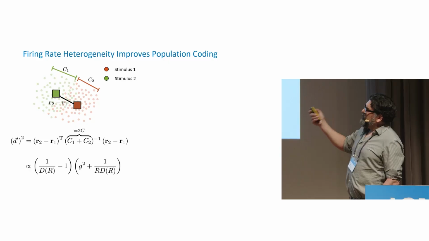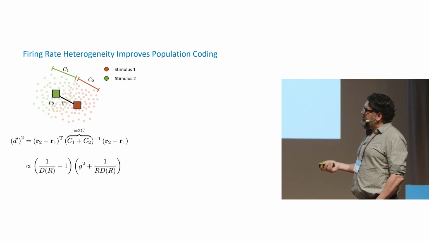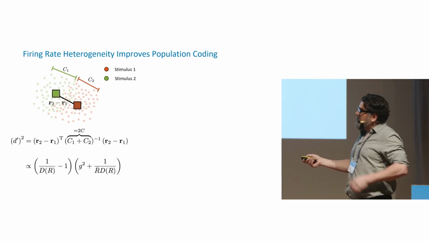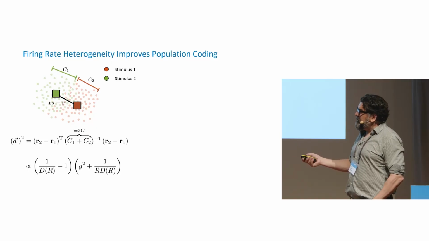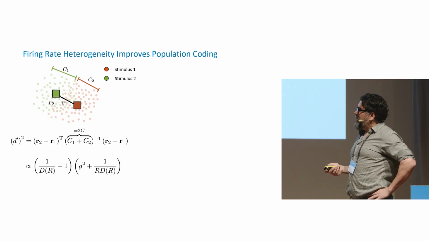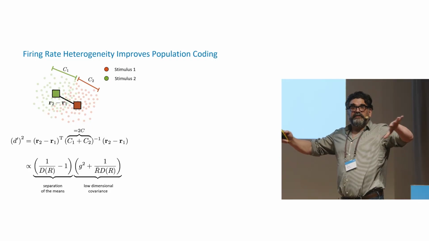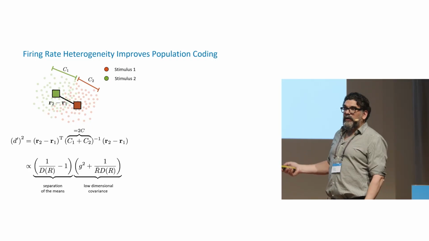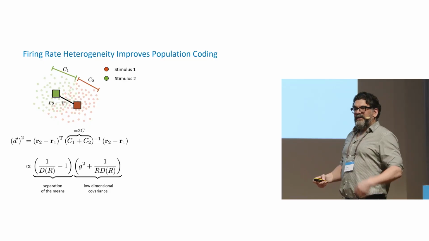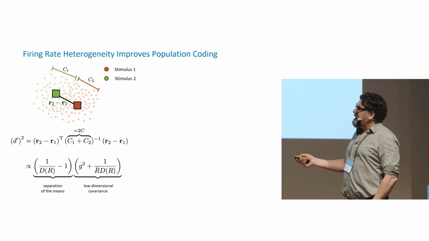If we assume log normal distributions of firing rates, we can calculate the following relationship for D prime just in terms of the distribution of firing rates here. This first term is really just that the means are separated. Remember, when D of R was smaller, the circle was bigger. That's better for coding here, and this is exactly what this is.